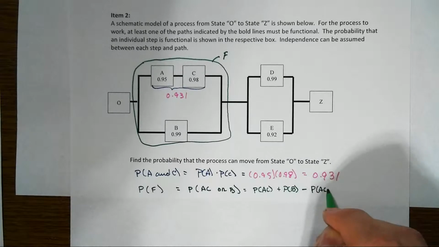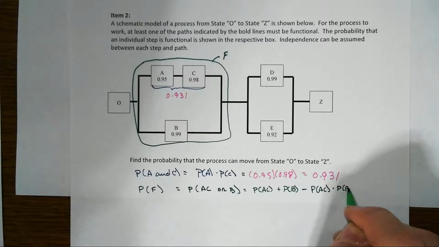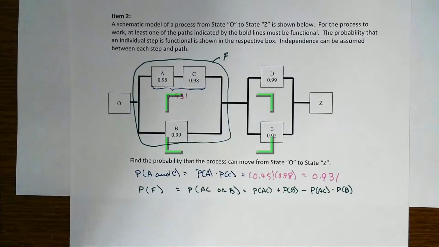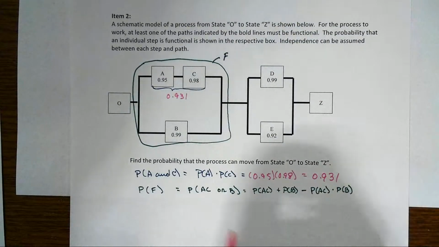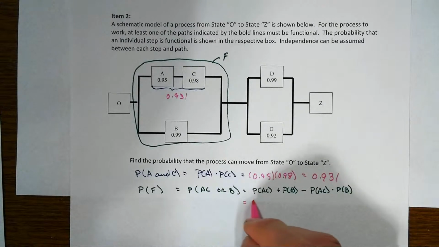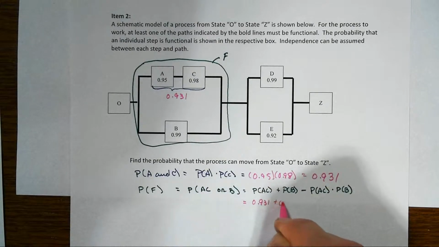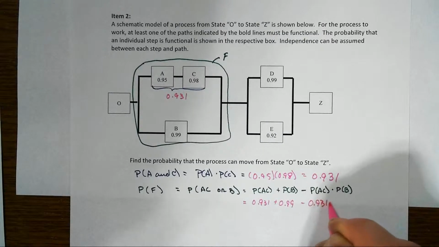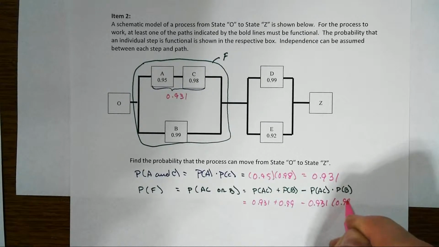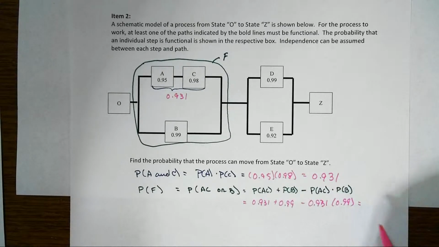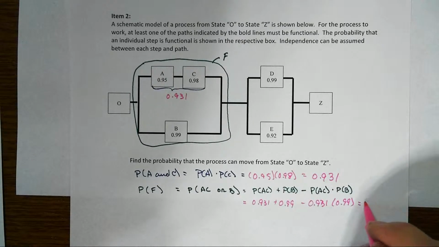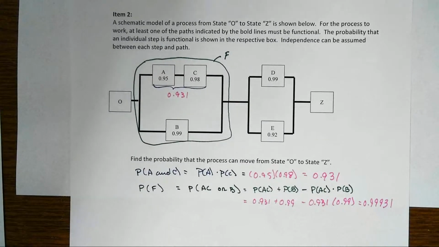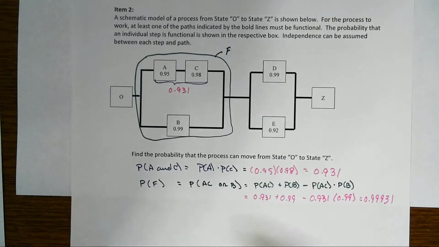Since they're independent, those intersection events are just a straight multiplication of the marginals. So that's equal to 0.931 plus 0.99 minus the product of those two, and that comes to 0.99931. Very high chance that we will successfully get through that.